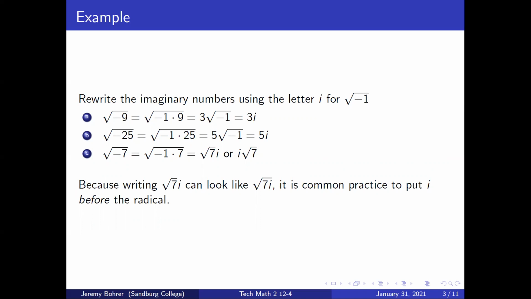The square root of -7 is equal to the square root of -1 times 7, which is the square root of 7 times i, or i times the square root of 7. Because writing the square root of 7 times i can look like the square root of 7i, it is common practice to put i before the radical.